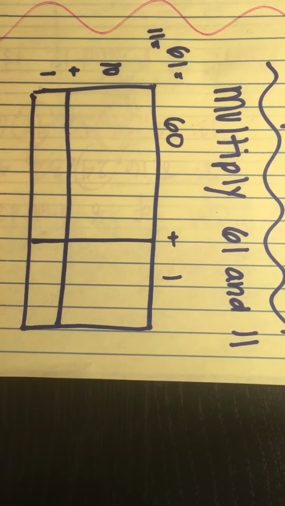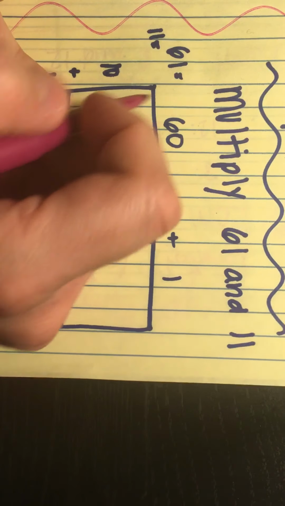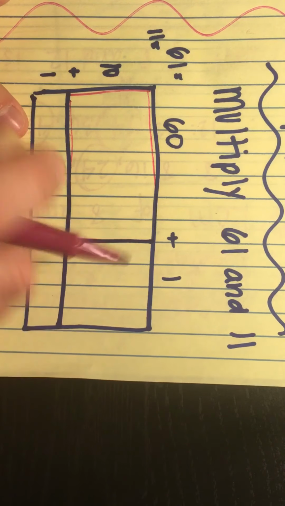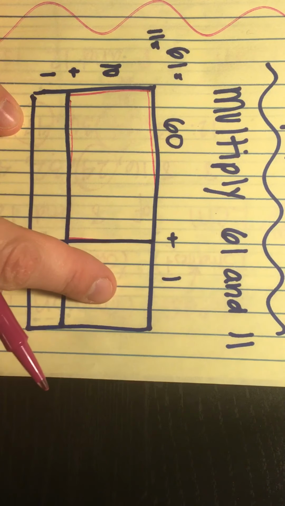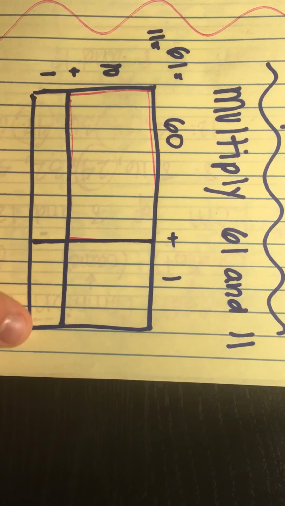Now, here is the part where we get to do some multiplying. I'm going to switch pen colors here so you can see a little bit more clearly. So take a look. What we're going to do is look at just this piece of the larger rectangle. We're going to look at each little piece of the rectangle one by one, and then we'll add them all up at the end to get the total of the whole rectangle.